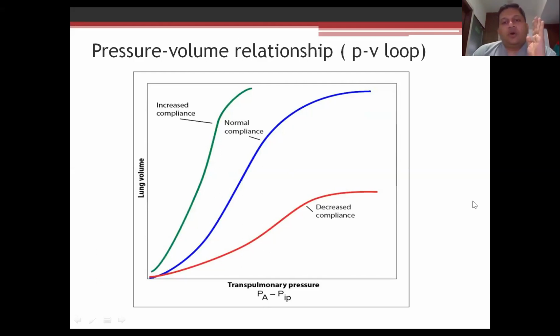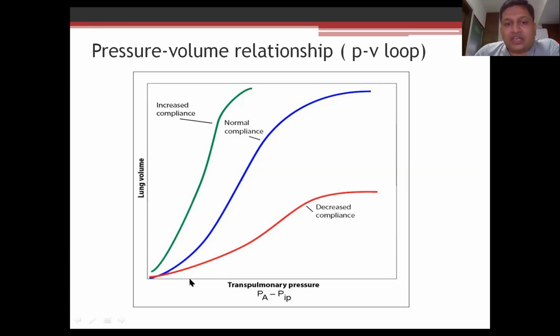To know the relation between the pressure and volume, all the lung conditions can be seen by this PV loop. This is the pressure-volume loop. With how much change in pressure, how much volume is generated, that will give us the compliance. This blue line is a normal compliance. If we compare these two graphs, normal and decreased compliance, what can you say? Pick two points, one here and one here.